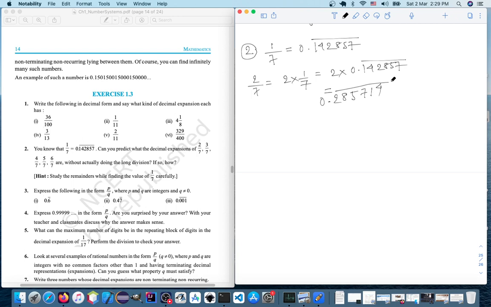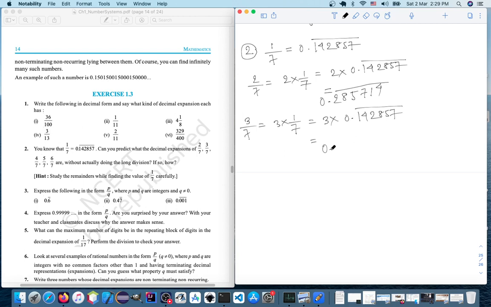3 by 7 is 3 into 1 by 7, which is 3 into 0.142857.